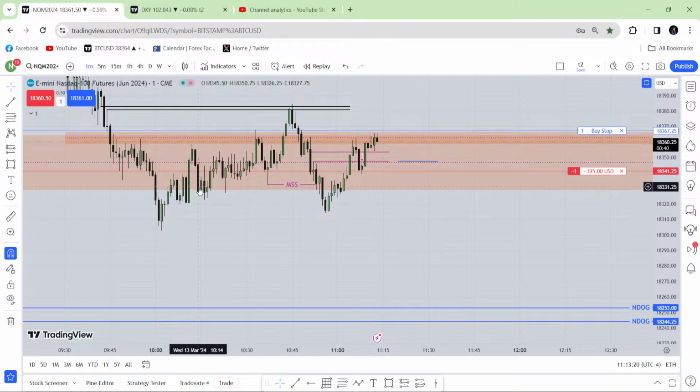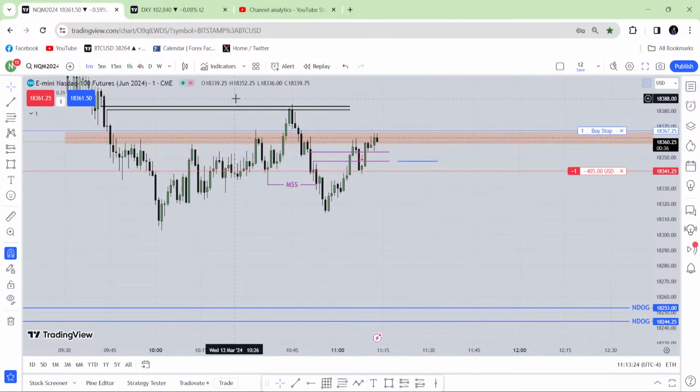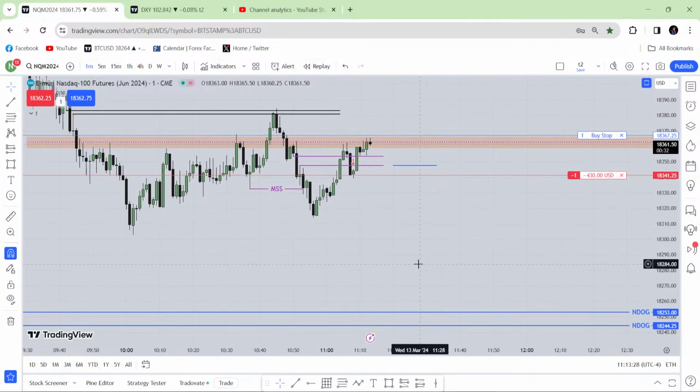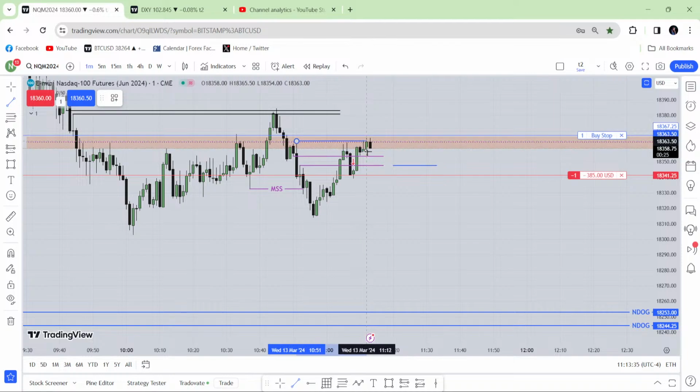It's broken 1, 2, 3, 4 times. It's broken already, the last parabolic from the 15-minute chart. It should fall now. This buy side, sell side liquidity has taken already.